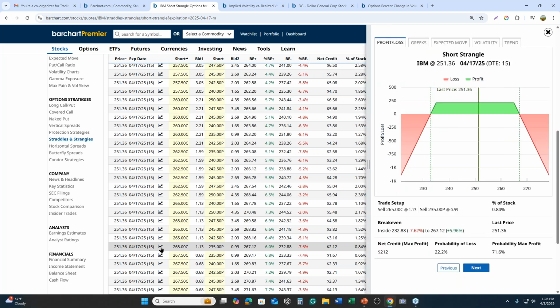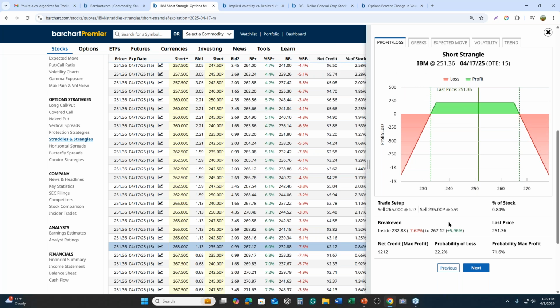And this is going to open up this profit and loss page, but it's also going to give you a lot of other information. What it allows us to do here is visualize the data of this particular spread. You can see the picture here is setting up where is our potential profit, where do we find our break even, or where we turn to a loss.